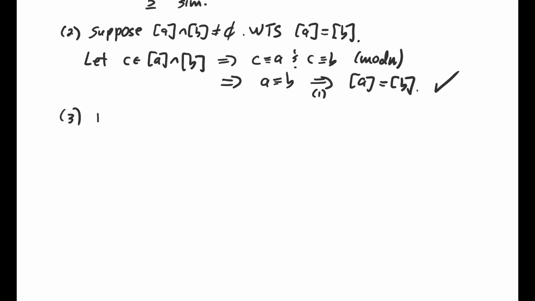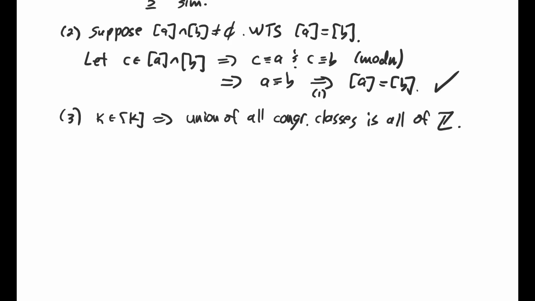Okay, let's go to 3. First of all, any integer k is obviously in the congruence class of k. So that means if I union all the congruence classes, I certainly get everything, since k was arbitrary. All right, next, we need to know that it's a disjoint union, but that's part 2.